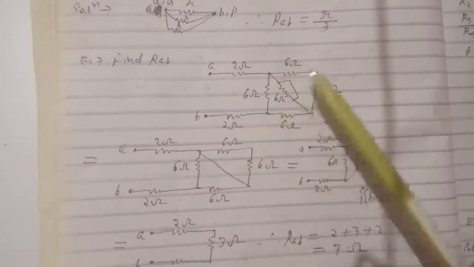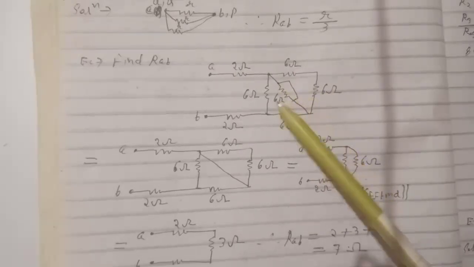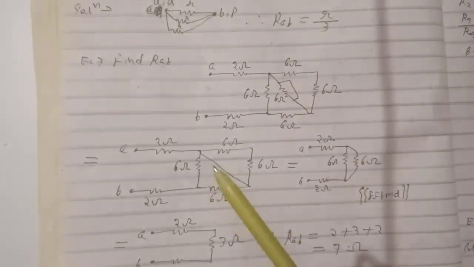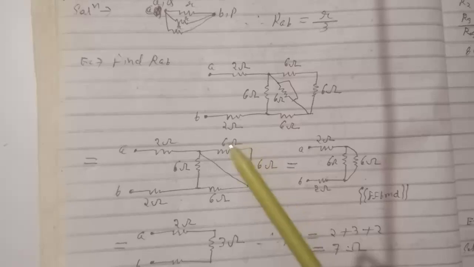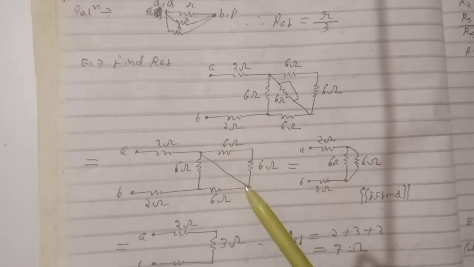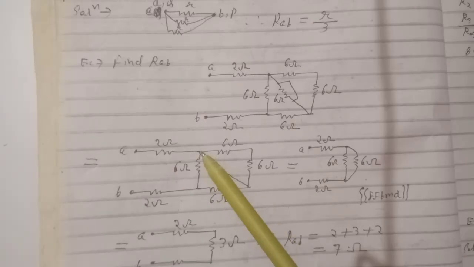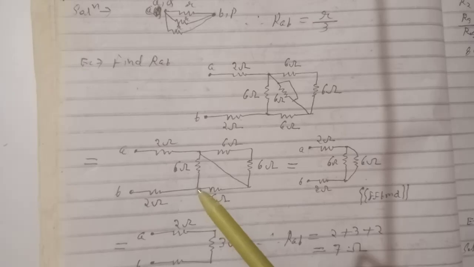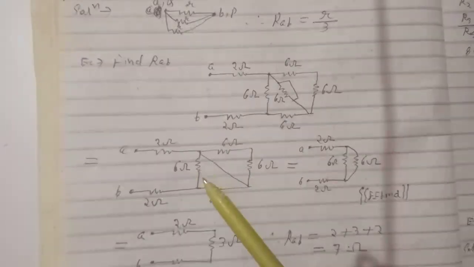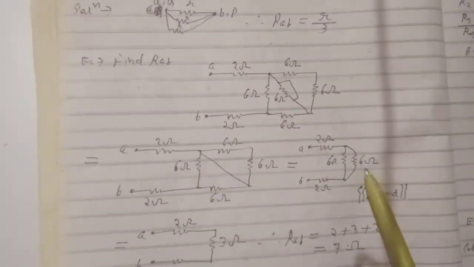Here it is clear that this is short circuit, so this will be removed. Again here, see that all of these are in short circuit because we have a conductor at this point. So this potential and this potential will be same, but this potential and this potential will not be same. So these two will be in series, parallel, and the parallel value will come out 6 ohm.